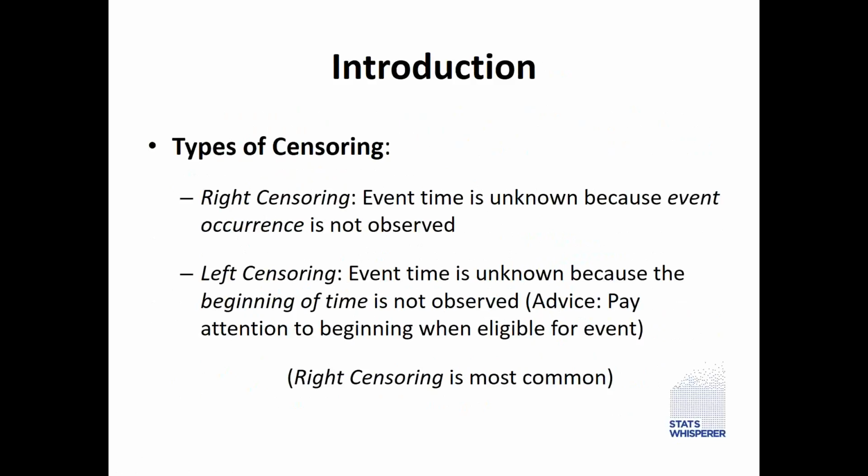So this is where if we're examining how somebody behaves after they develop a certain disease, but we start monitoring them after they develop the disease, right? So again, most survival analysis experiences right censoring. That's the most common.